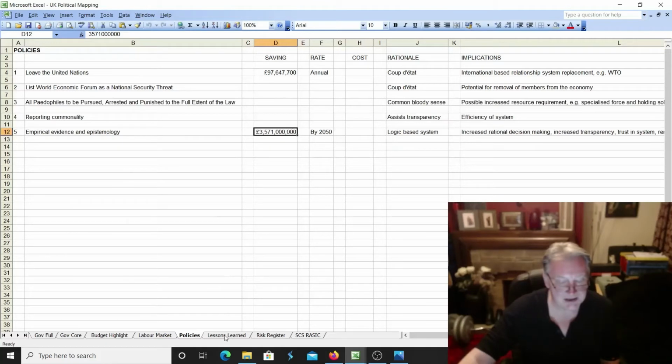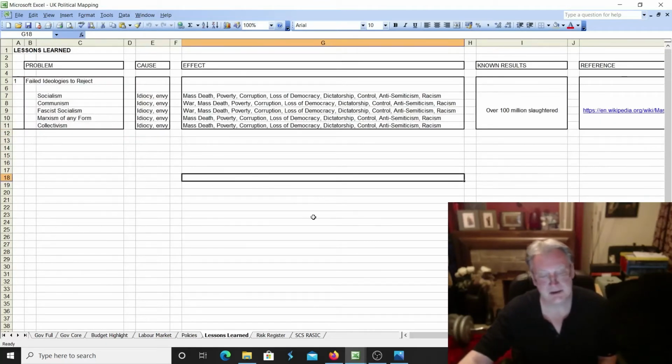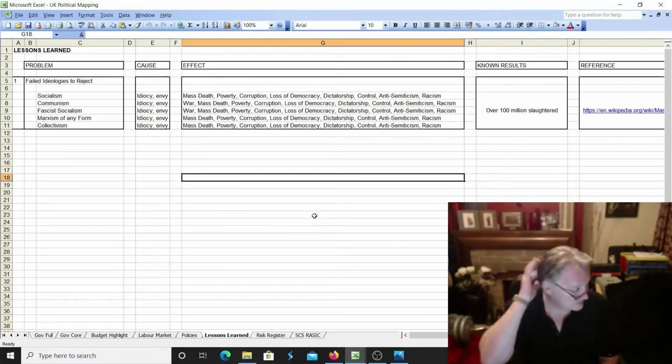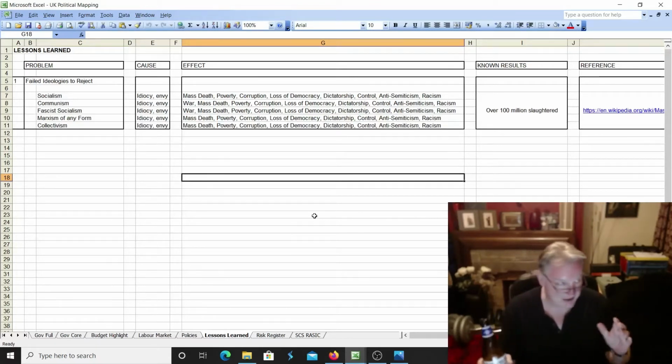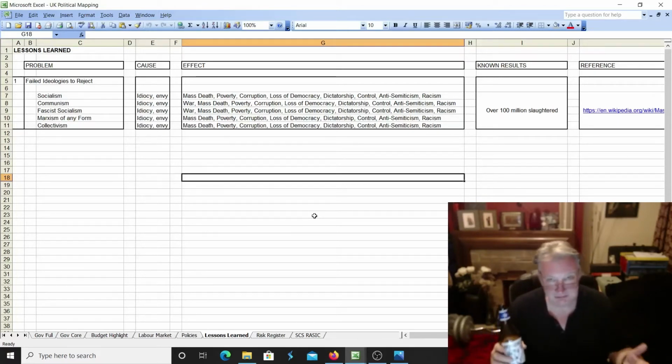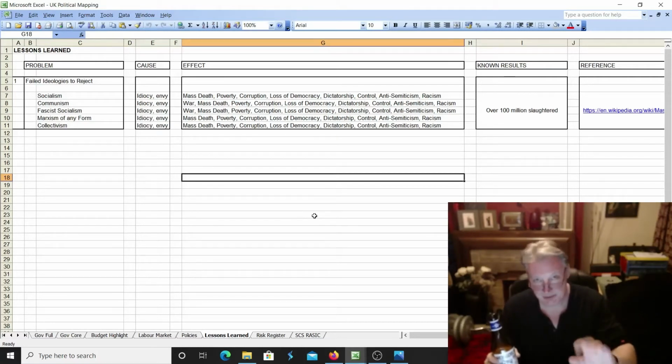On to the next page, we've got the lessons learned. This one should be pretty standard, and there's going to be a whole bunch of lefties that will want to scream and shout at this particular point in time. There is one key problem that needs to be front and centre as we're moving forward. Like I say, from the model and the economic levers that can be pulled and things of this nature, all of these types of areas will be put in there.